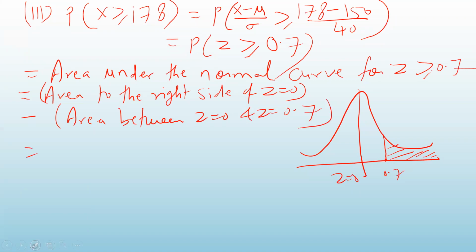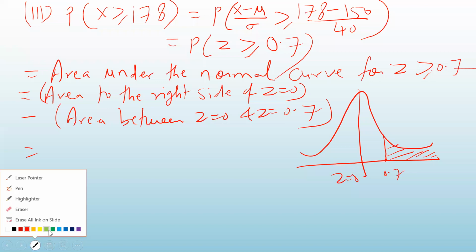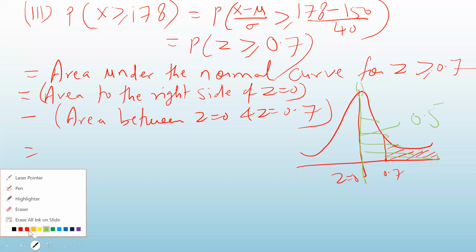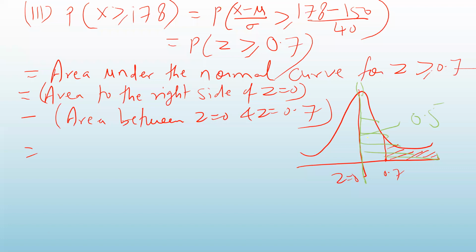See here, try to understand this. This line is the line of symmetry. So this entire area is 0.5. So from this 0.5, if I subtract the area between 0 and 0.7, that means this much area between 0 and 0.7, then I will get the required area for z greater than or equal to 0.7.